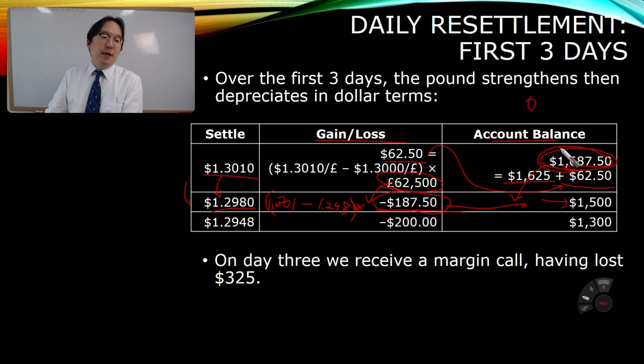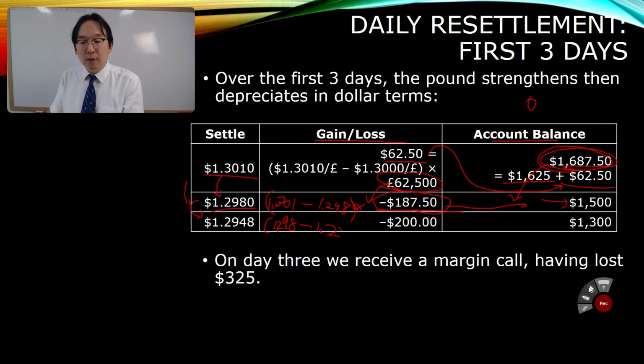Okay, fine. The following day, let's say the pound depreciated to $1.2948 per pound in the futures market. What happens to your gain or loss? Well, starting from yesterday, 1.298 minus 1.2948.